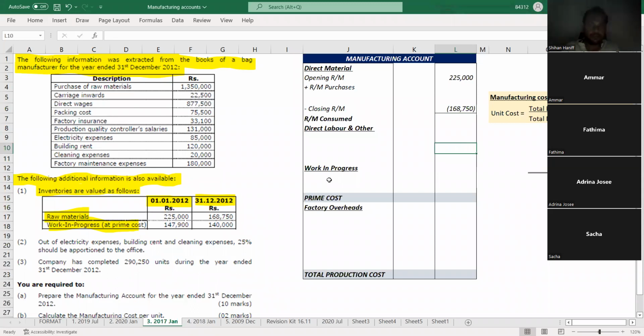Work in progress: opening 147,900. Closing 140. Net amount is 7,900.